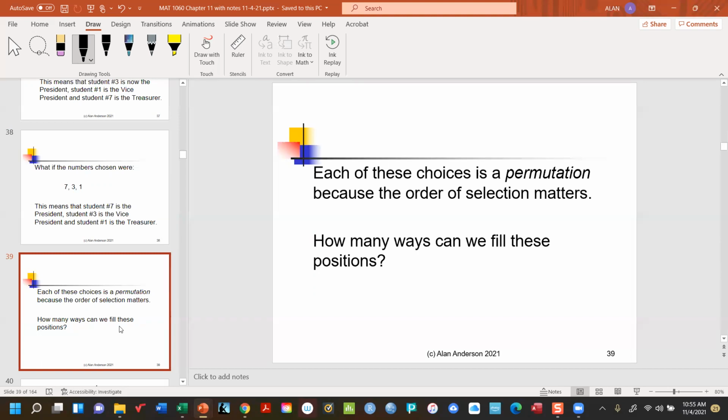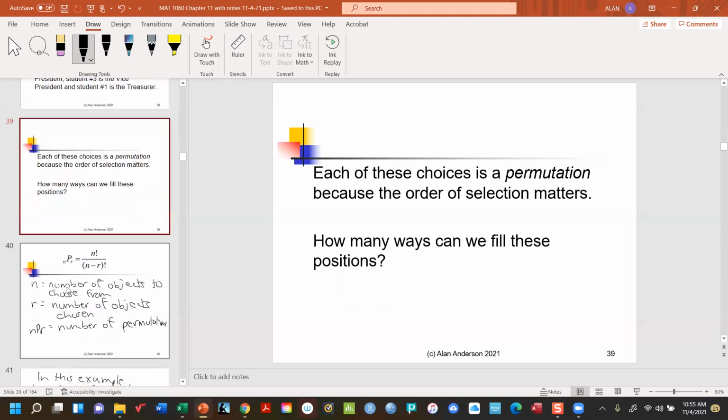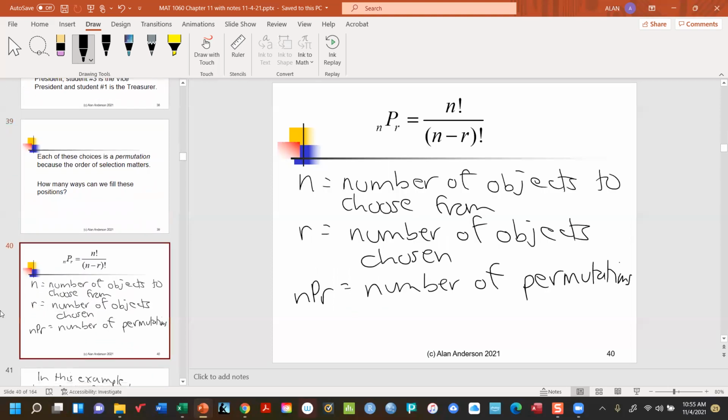Okay, a formula. So you'll be happy to see that the formula involves the factorial operator. It's a little bit more complicated, but not that much. So the way it works is this.